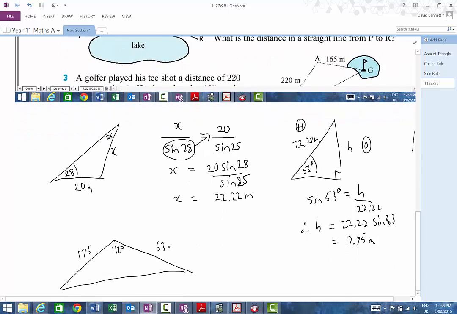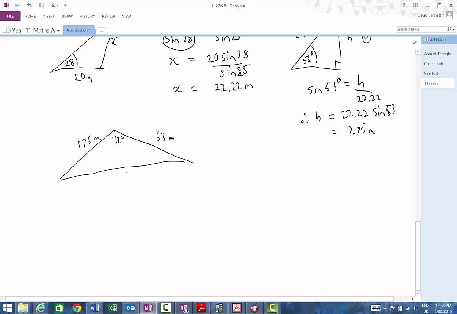Yep. And hopefully you've identified that the angle between two sides is quite clearly going to be cosine. And so I'm trying to find this x from P to R. Okay? So therefore, what I'm going to be doing is I'm going to say x is equal to, using the cosine rule, bit of a wobbly line there, doesn't matter which way you do it, 63 squared plus 175 squared, take two lots of 63 times 175, cosine of the angle between the two.